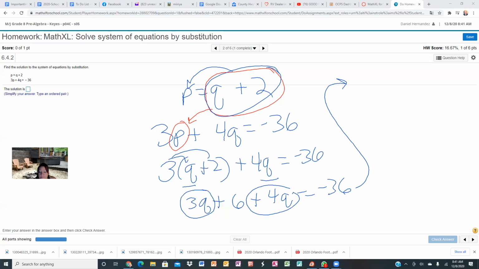What's 3 plus 4? You add them. So what is it going to be if you have 3Q plus 4Q?